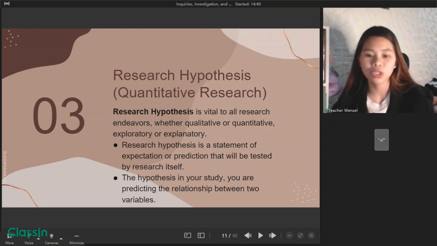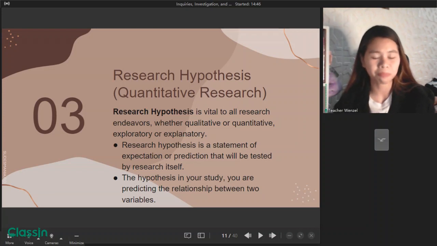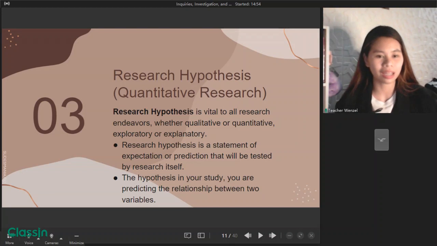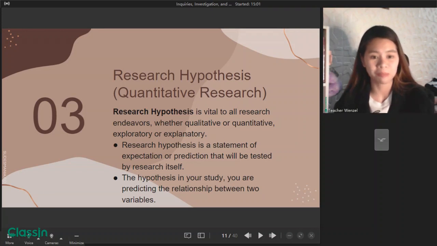In your study, you are predicting the relationship between two variables. So, a research hypothesis is a distinct, clear statement of what is likely the result of a scientific research study.